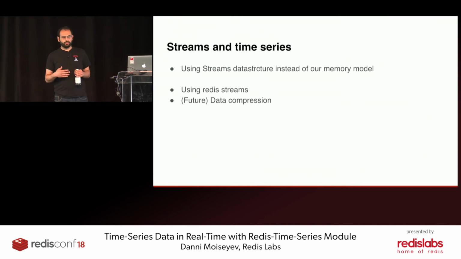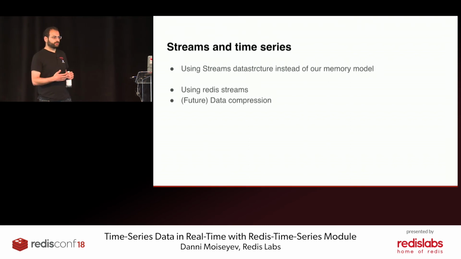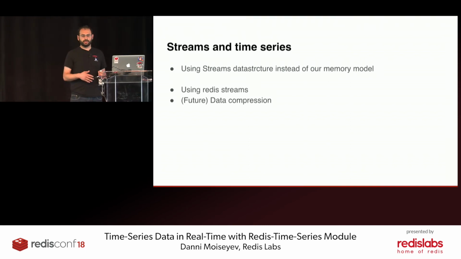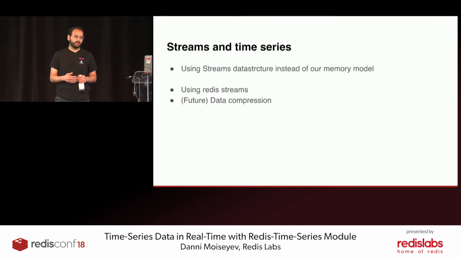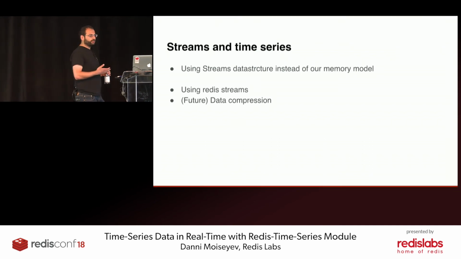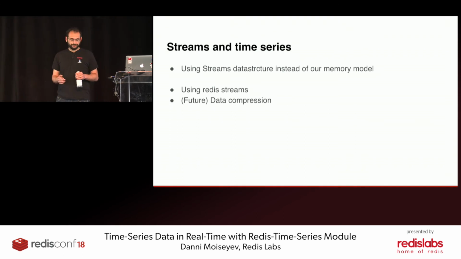But when people talk about time series, they are looking for features that are unique for time series. If it's downsampling, aggregations, retention, those are key features that every time series database out there uses, and those are features that people who use time series usually look for.